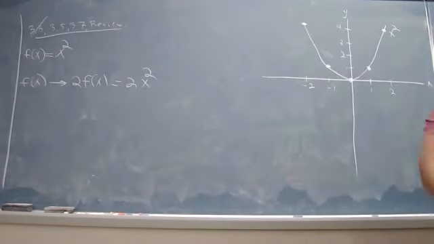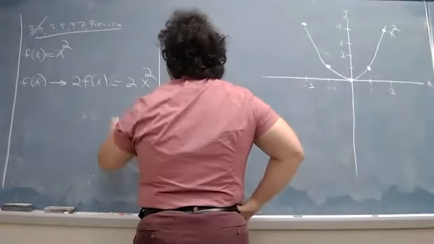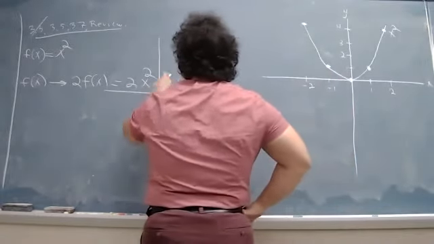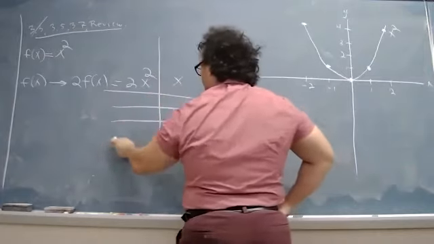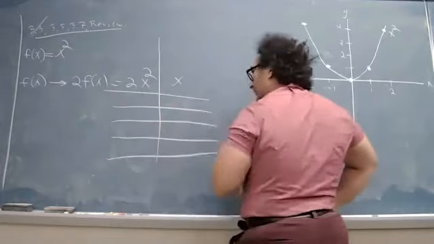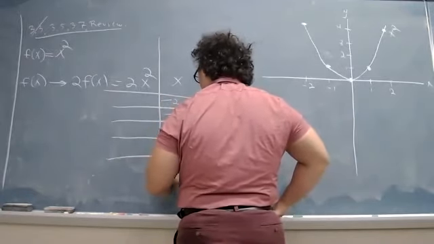What happens to the function when we multiply it by a number greater than 1? We don't need to guess. We can just create an f of x table. Let's pick -2, -1, 0, 1, and 2.